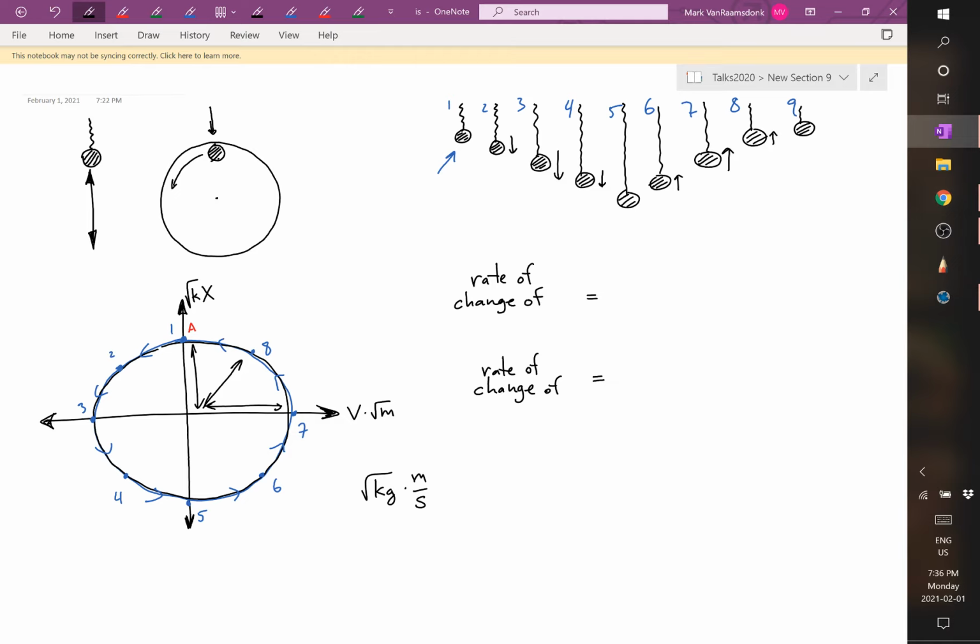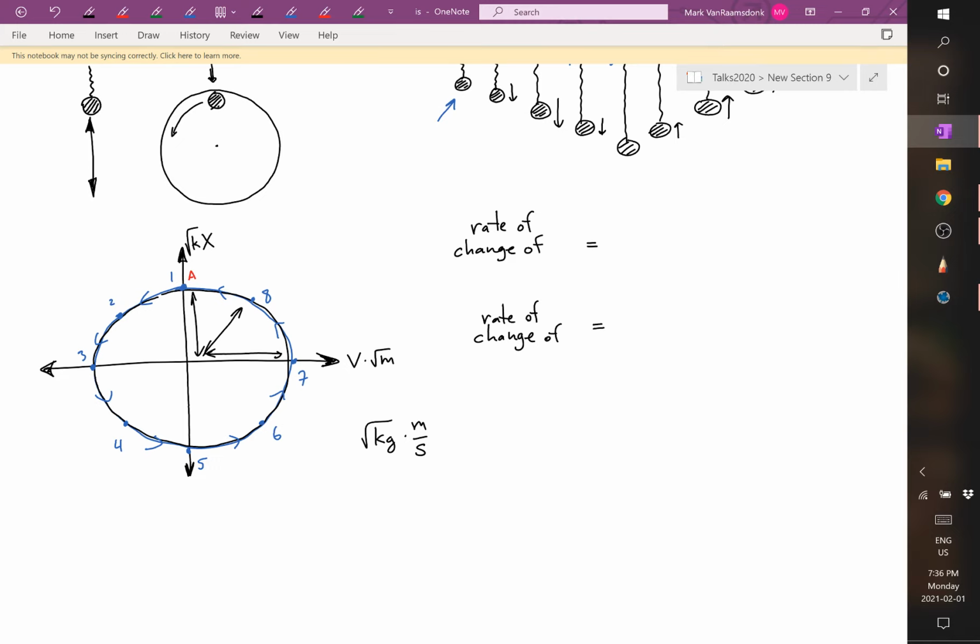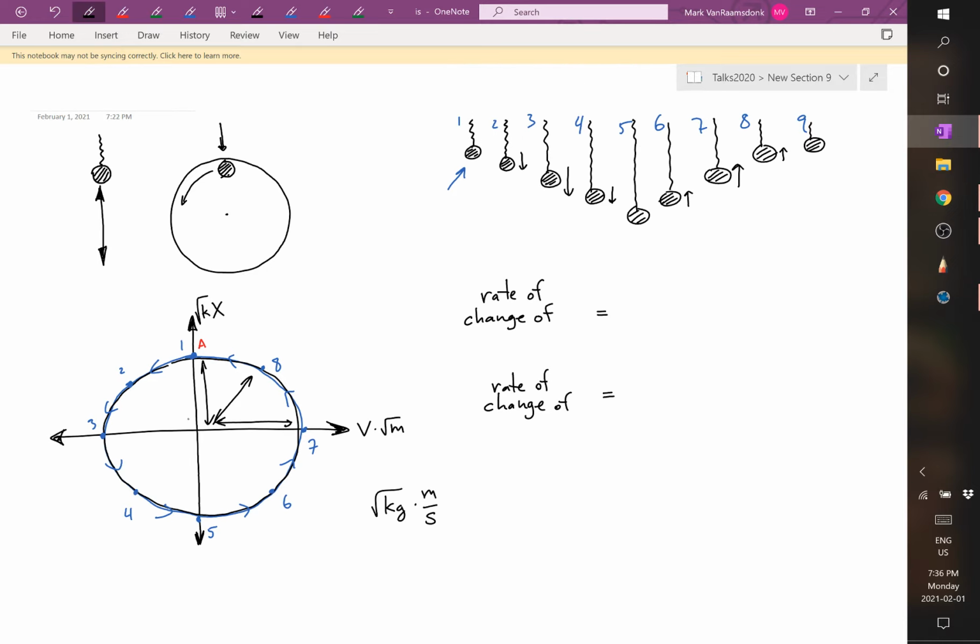Okay, and so one thing that is evident when you plot it this way is, what is special about a circle? What's special about a circle is that the radius is the same everywhere. The distance from the middle to the circle is the same everywhere. And so it's very interesting for us to express that mathematically. So if we say mathematically that the radius is the same everywhere, well, what is this distance?